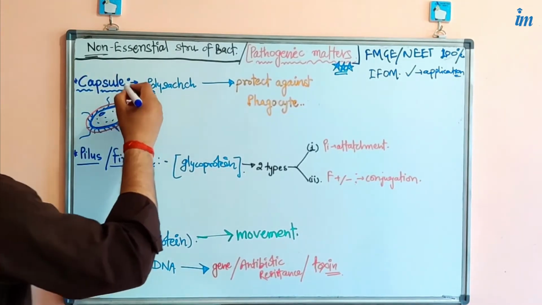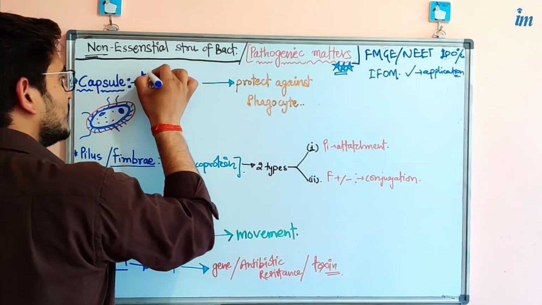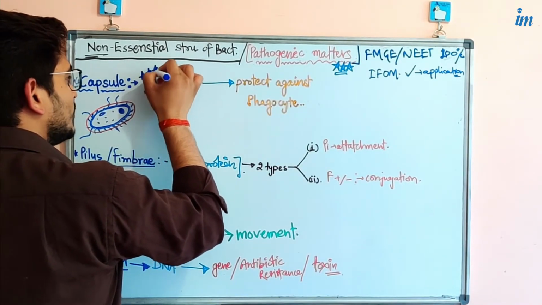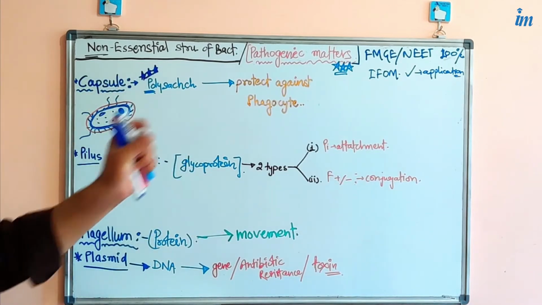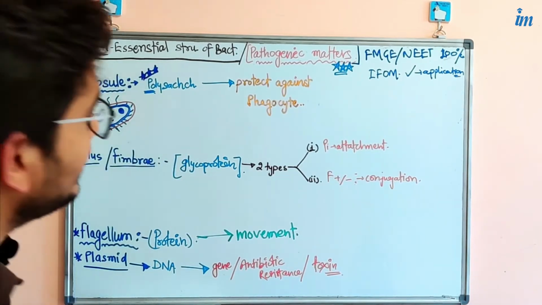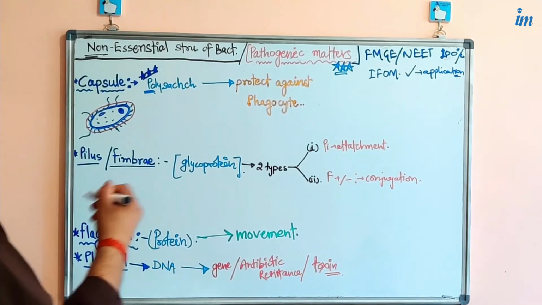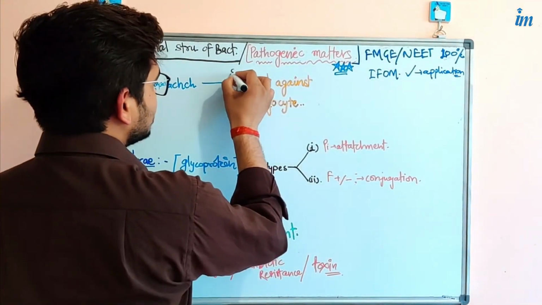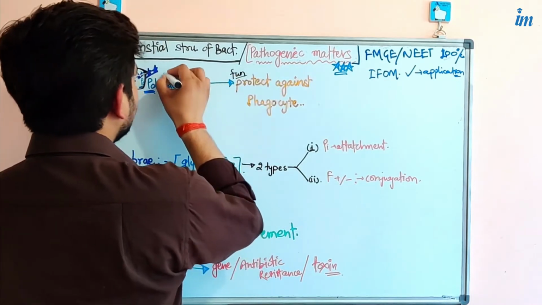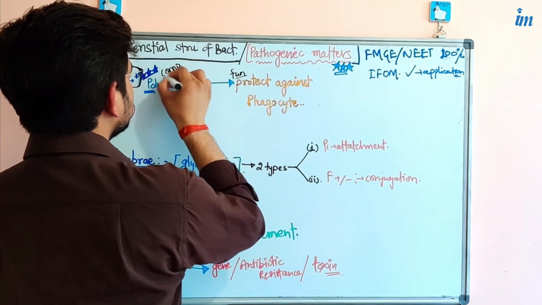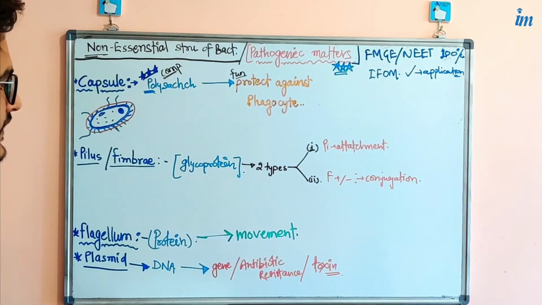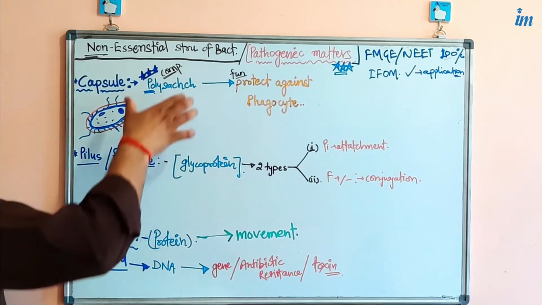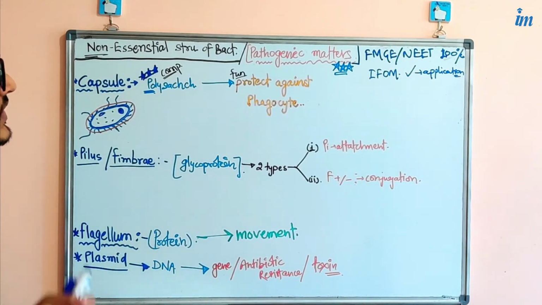You don't have to be confused. The capsule is composed of polysaccharide, not lipid, not protein. And what is their function? From the function point of view, the capsule protects bacteria against phagocytes. That is the function, and that is the component. I have given only a one word answer so that you can solve the maximum number of questions.